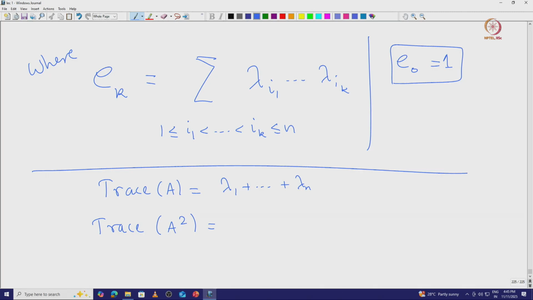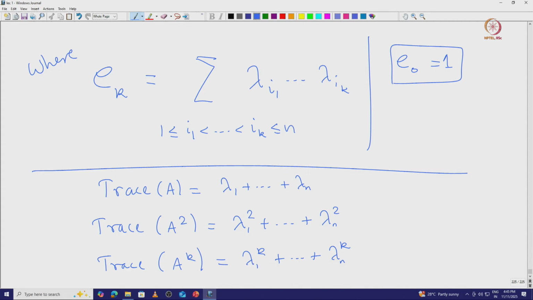For example, A square is diagonalizable, A cube is diagonalizable and so on, and the eigenvalues of A square are just lambda 1 square etcetera lambda n square. So the trace of A square is the sum of the squares of the lambda i. Similarly, one can prove that the trace of A power k is lambda 1 power k plus etcetera plus lambda n power k.